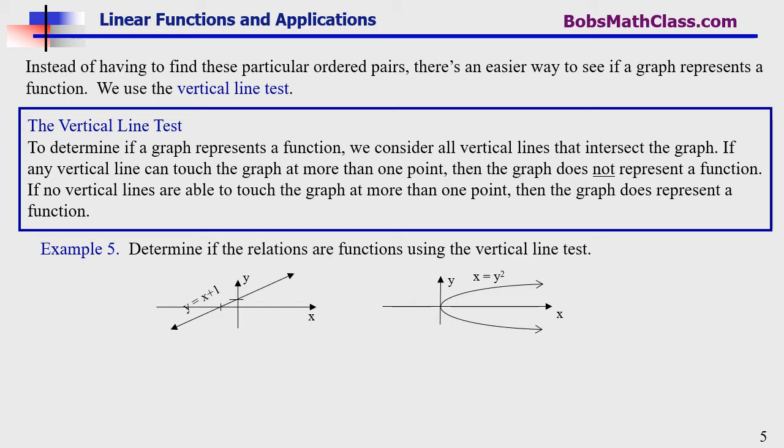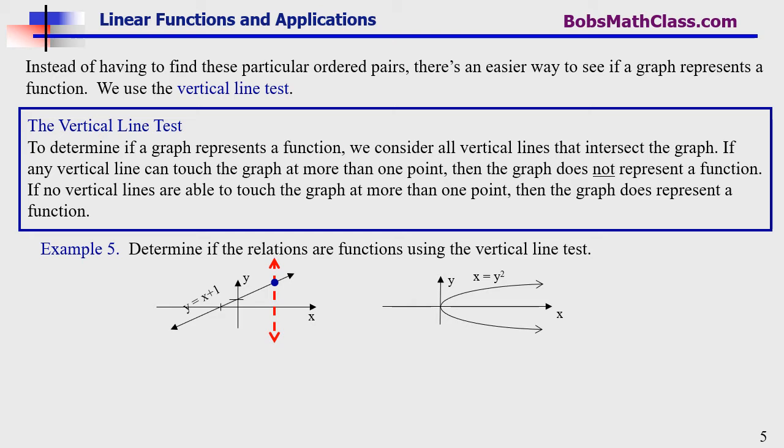It's a line. So if you draw a vertical line anywhere on the graph, it will only intersect once. Here's a random vertical line, and you can see that it only touches once. If it only touches once, then it is a function.